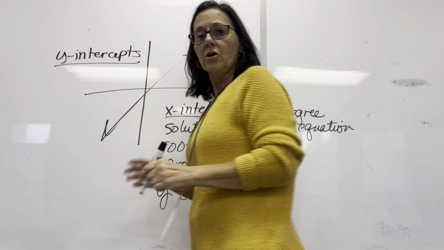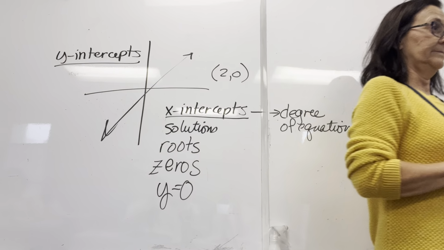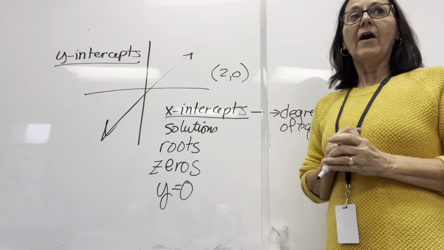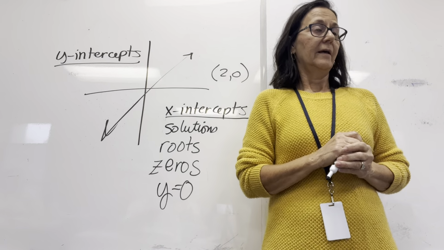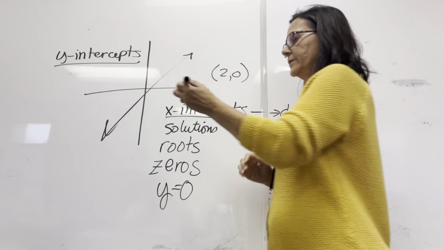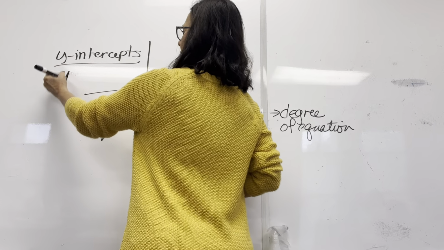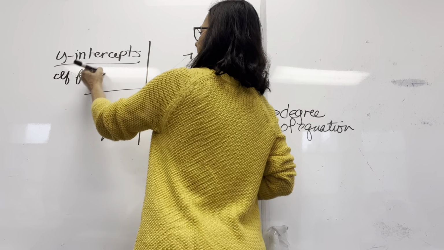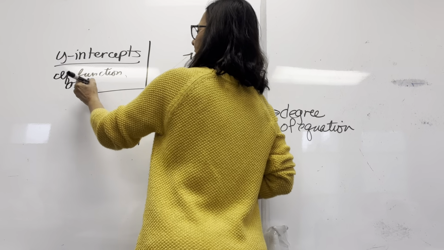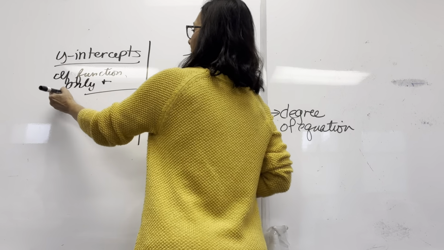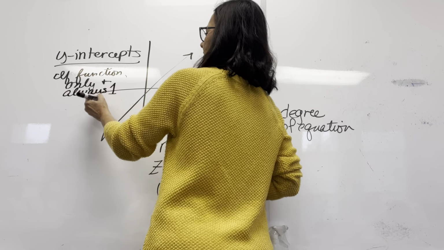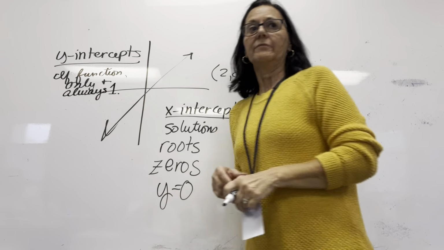All right, what about y-intercepts? Your book does not talk a lot about y-intercepts. But if the equation is a function, there's always only one y-intercept. So if we have a function, there's only and always one y-intercept, always.